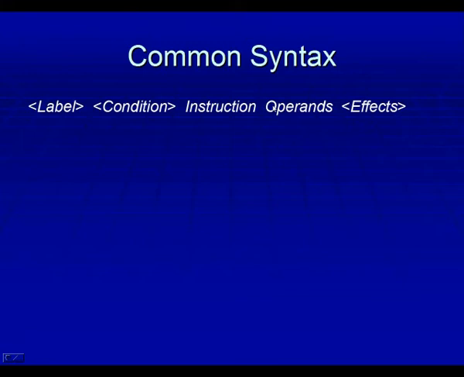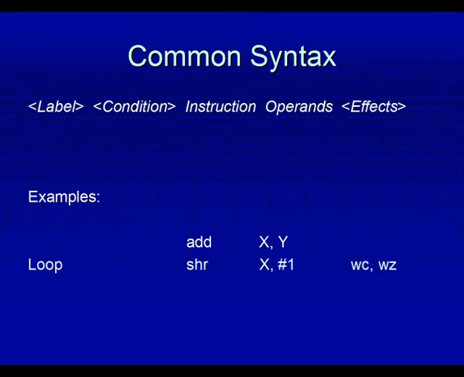This doesn't include assembly directives like org, let's say. Only the instructions that actually run at runtime. Let's see some examples of this. Of course, the first example that I gave you fits within this. We're not using any optional fields for this add instruction.